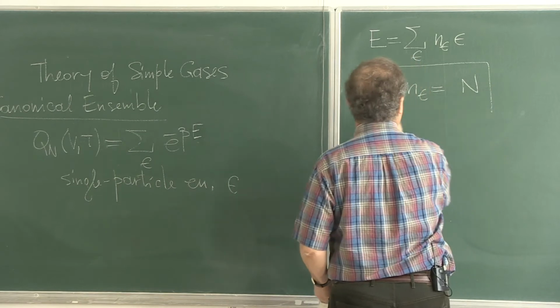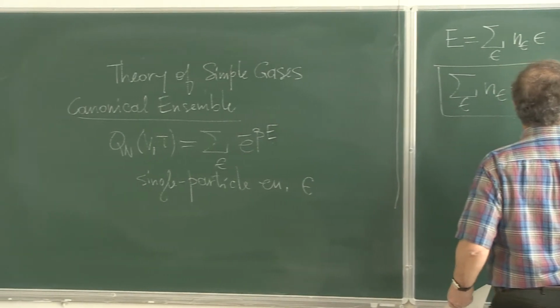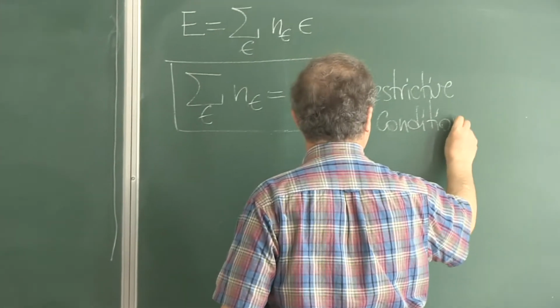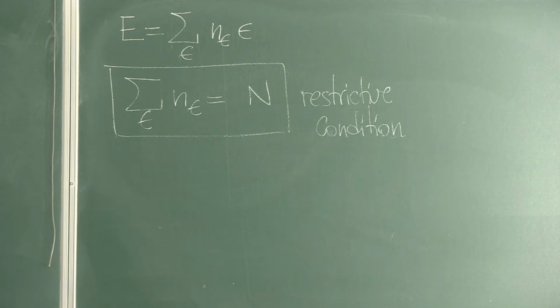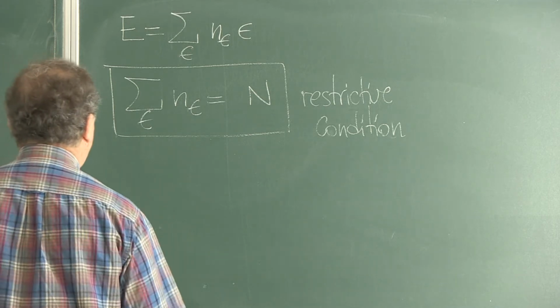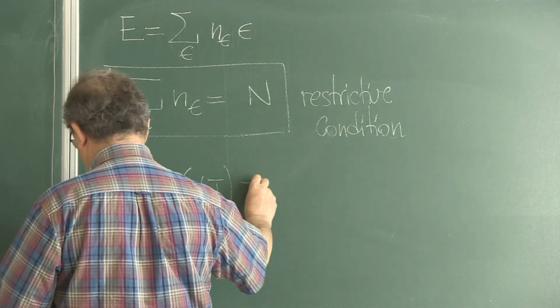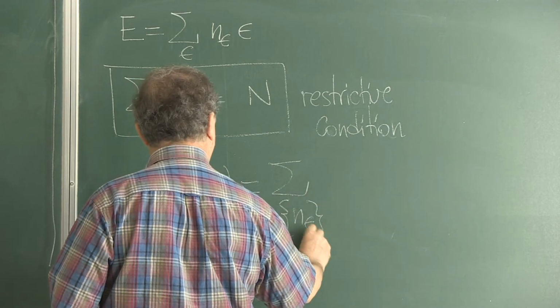Now, this is a restrictive condition, if you like, on these numbers. You have to do all your sums satisfying this restrictive condition. It has to be satisfied. For example, the total partition function can be written as sum over all these occupation numbers.